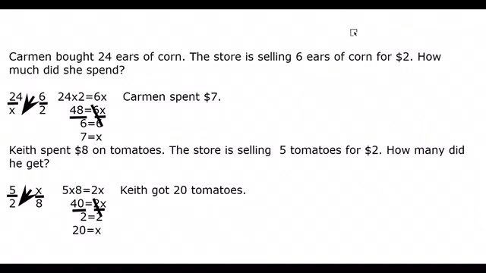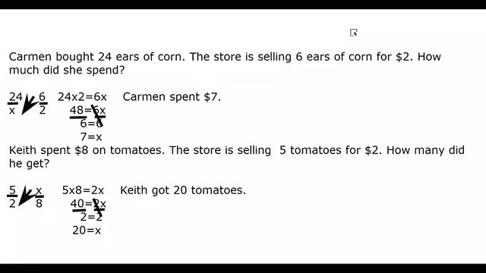So the second question is, Keith spent $8 on tomatoes. The store is selling 5 tomatoes for $2. How many did he get? So again, a proportion. So the question is giving us 5/2. So for 5 tomatoes, you spend $2. So again, like I said, you have to have the numerators have the same units and the denominators have the same units. So x is what we're trying to find out, which is the number of tomatoes he bought.